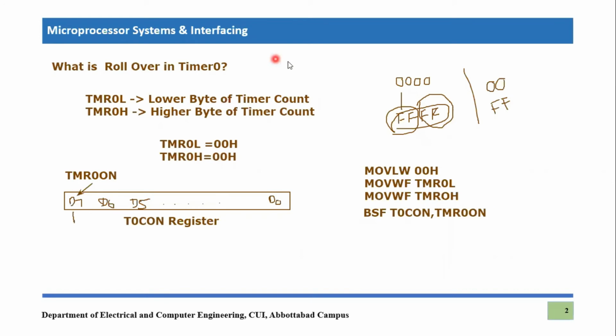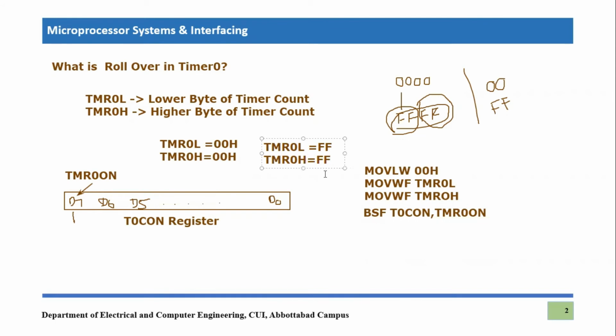So what will its value be? Let me write those values. Timer 0L would have become FF, and timer 0H would have become FF, right?